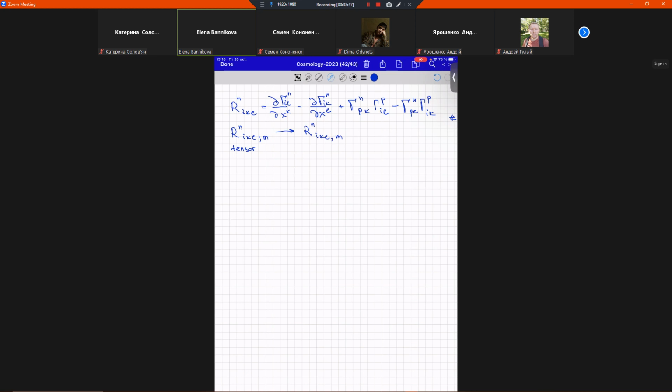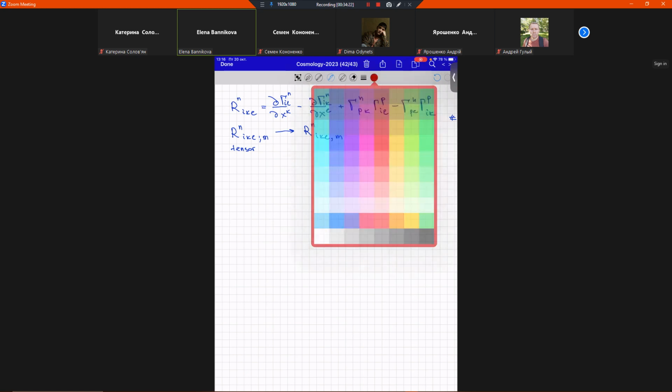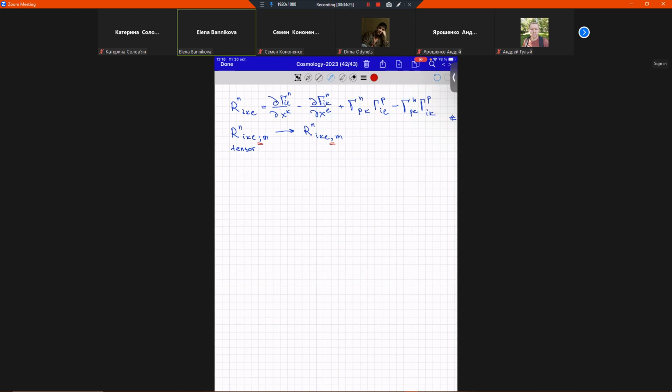This is just a normal partial derivative. So let's go to flat space, or, to be more precise mathematically and geometrically, we go to a Cartesian coordinate system. In this case, instead of the covariant derivative we can put this, because automatically the Christoffel symbols will equal 0.